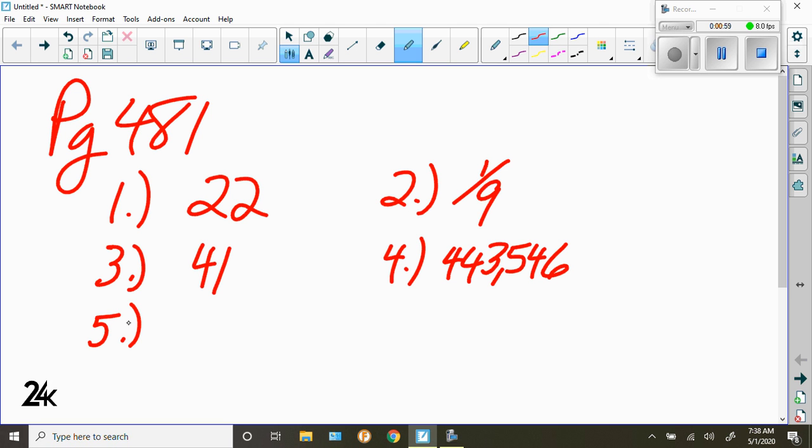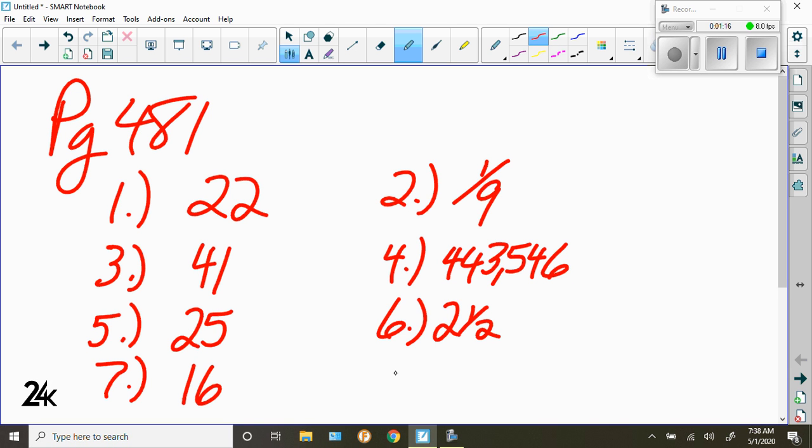Number 5, the last answer was 25. Number 6, the last answer is 2.5, or 5/2. Doesn't matter. Number 7, the last number was 16. Number 8, the last answer was 256.